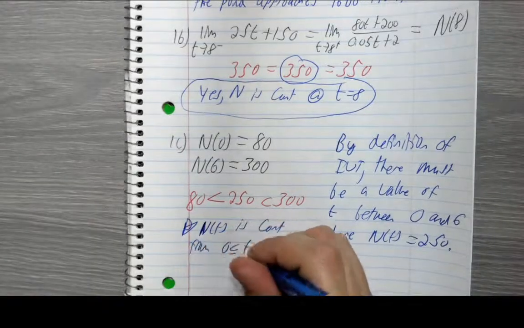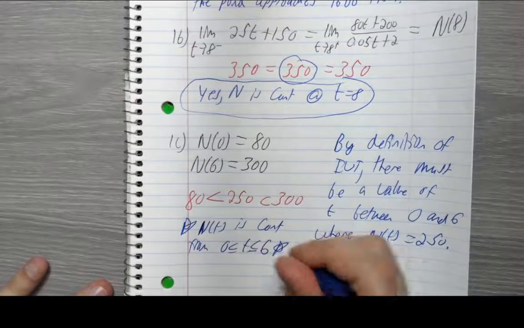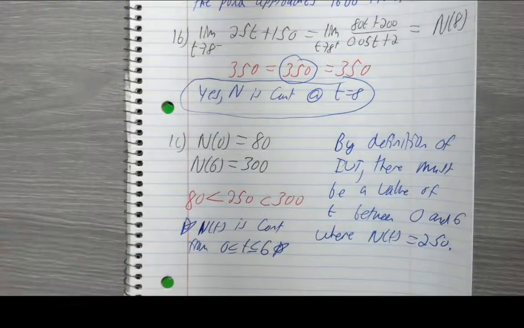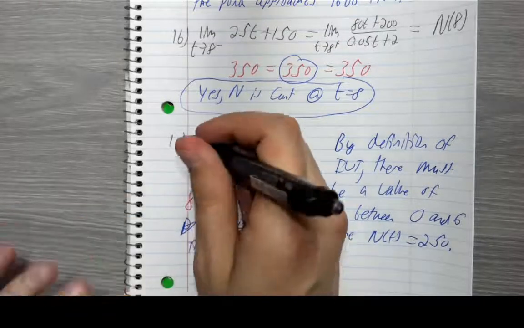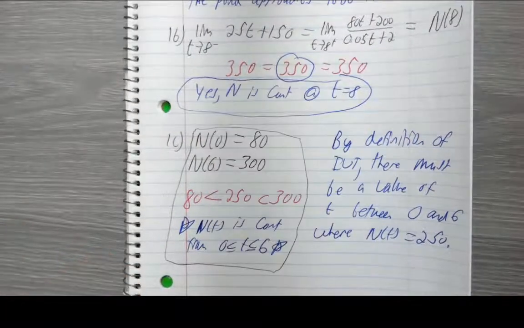I guess we can put less than or equal to as well. So that mixed with this, basically everything in this box is all the proof you need where you can use the intermediate value theorem.